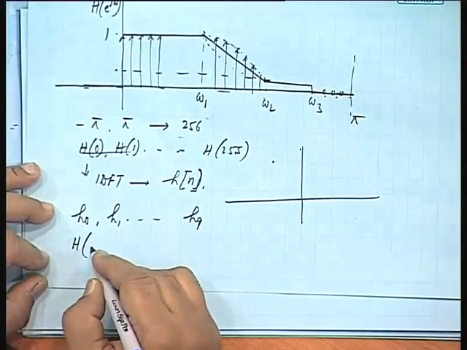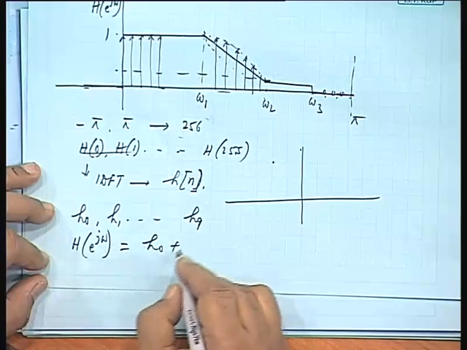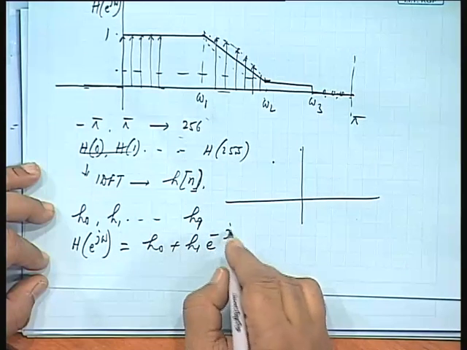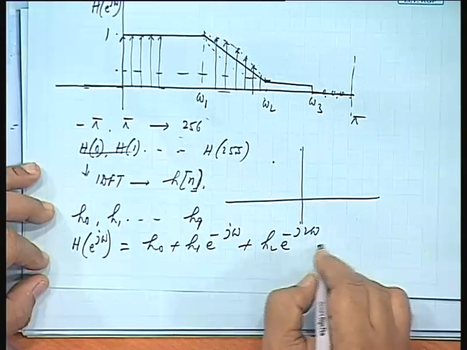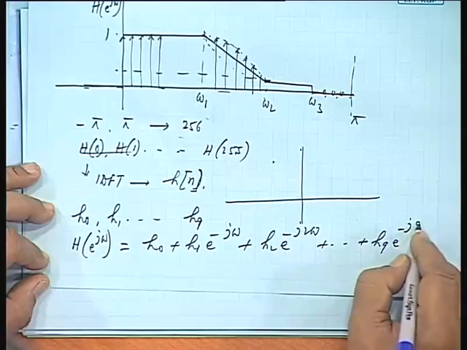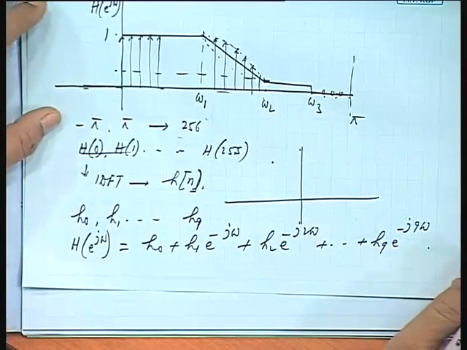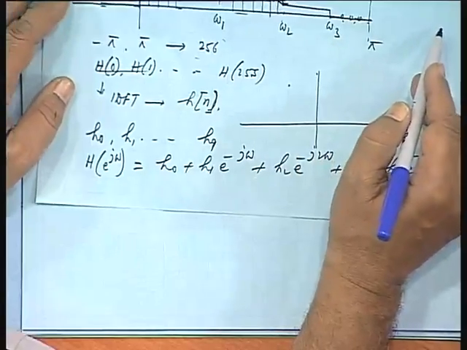So, H e to the power j omega is H0 plus H1 e to the power minus j omega plus H2 e to the power minus j2 omega and so on, up to H9 e to the power minus j9 omega. And then you have got so many points.